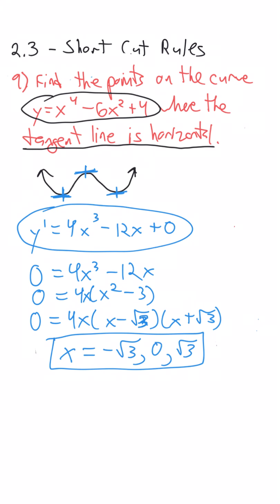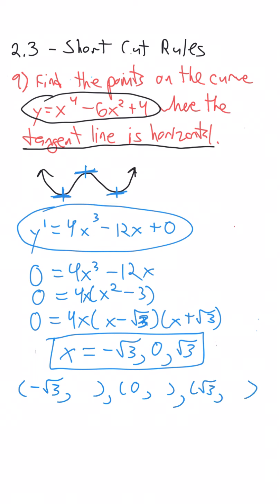These are the points on the curve where the tangent line is horizontal. Technically speaking, these are the independent values. If you wanted to find the actual points, the actual ordered pairs, we'd have negative square root of 3, comma something, 0, comma something, and square root of 3, comma something.